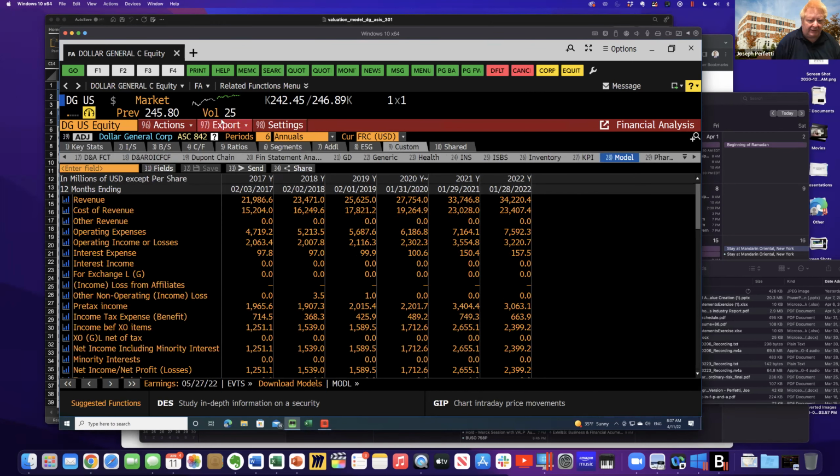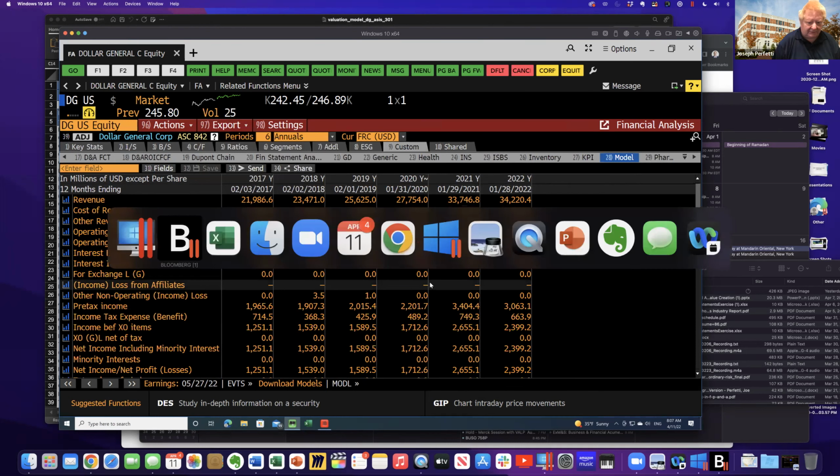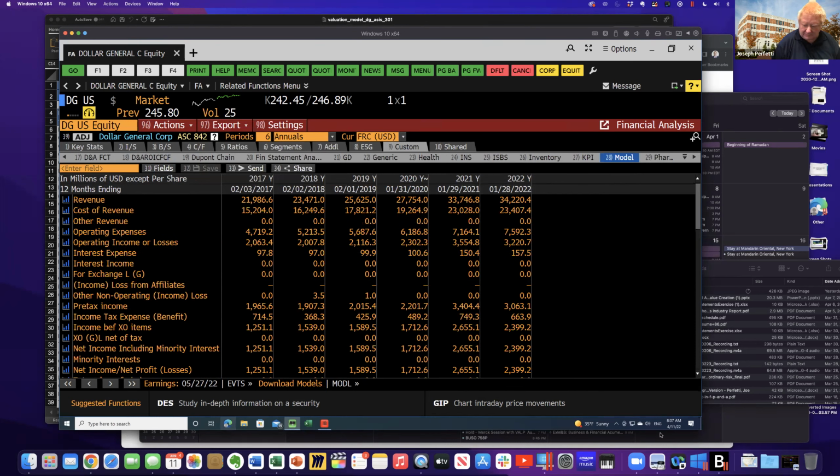So you'd have exported that to Excel, and then you would have gotten rid of the dashes and replaced those with zeros. So that would have created this file.